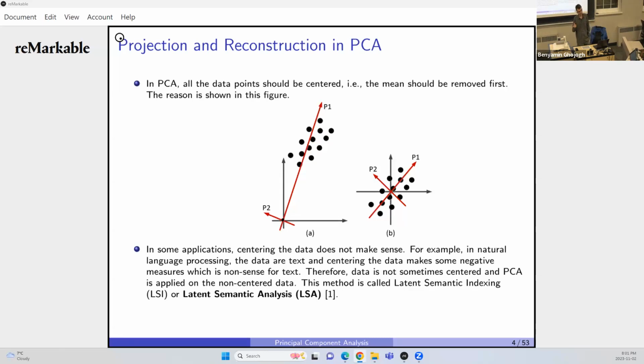Therefore, for those specific cases, they didn't subtract the mean, and they called that algorithm latent semantic analysis, also called latent semantic indexing, LSA or LSI. So PCA without removing the mean, useful for natural language processing, is called latent semantic analysis.